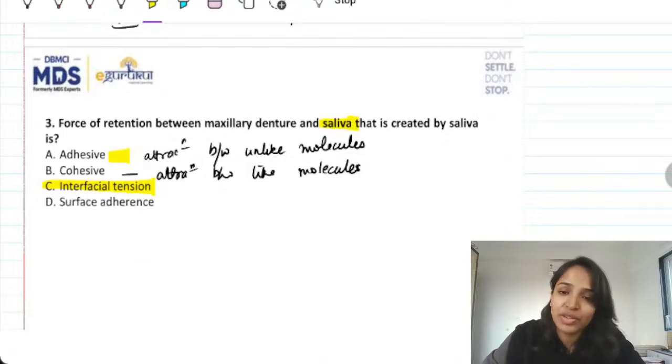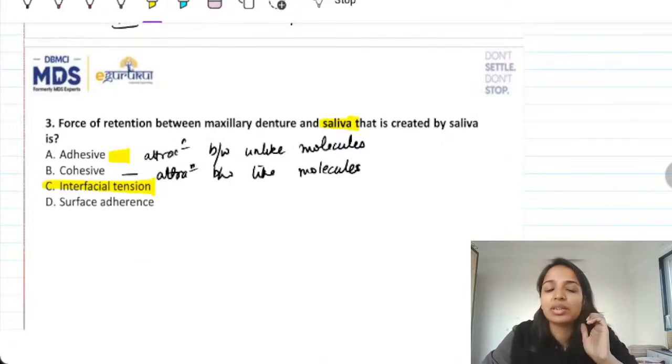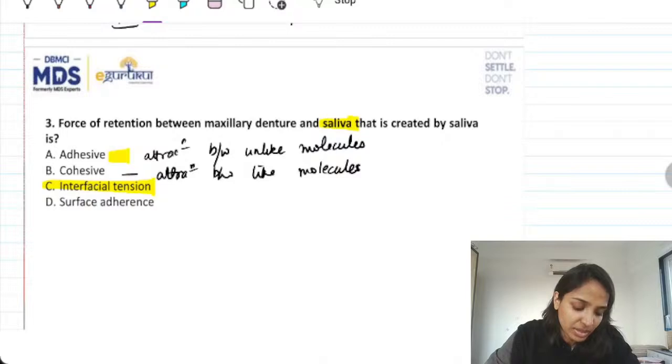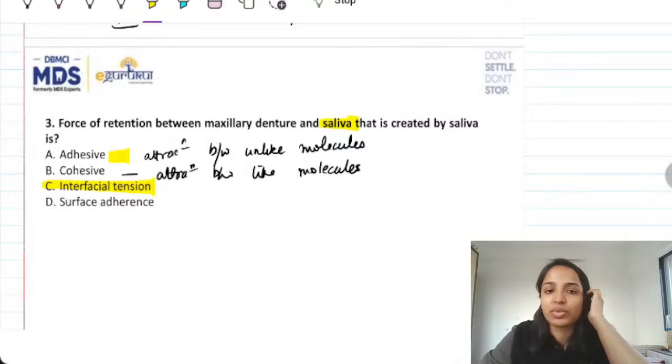However, I leave it to the liberty of our students to decide what they trust and what they want to go further with. But my answer here would be interfacial tension. That is my choice of answer if I were to attempt it. So I hope that satisfies your doubt. Is that a go ahead to move to the next question?